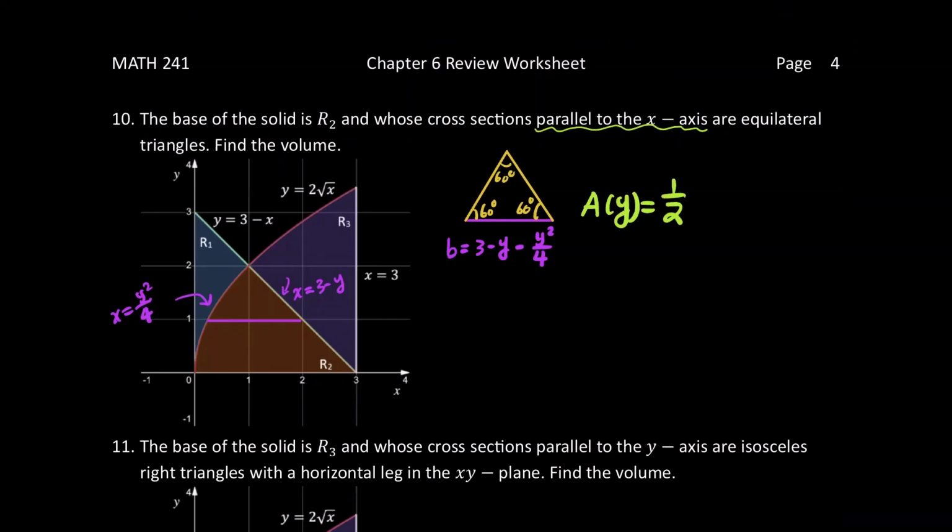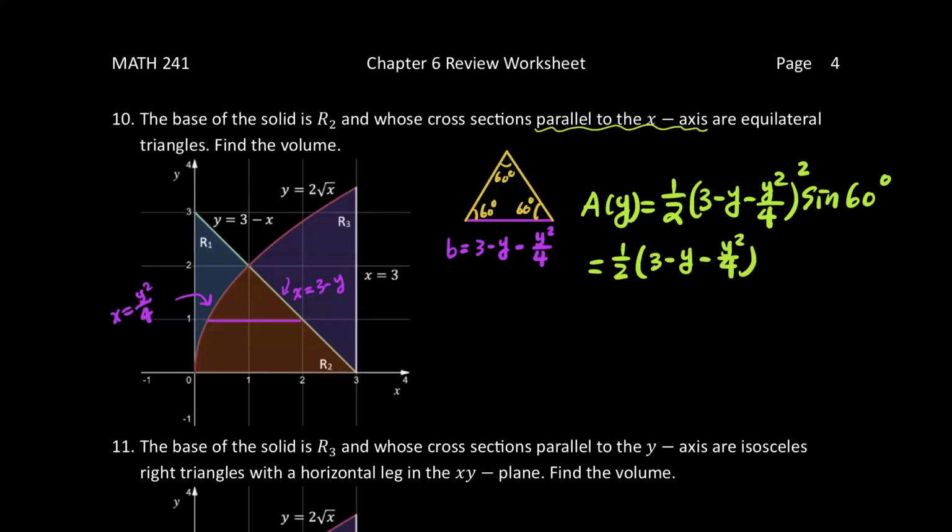Okay, so 1/2 AB, but A and B are the same. And sine of 60 degrees is √3/2.